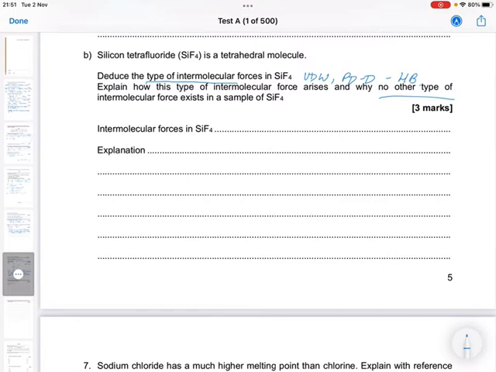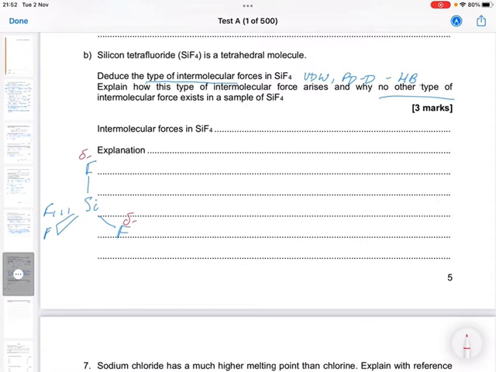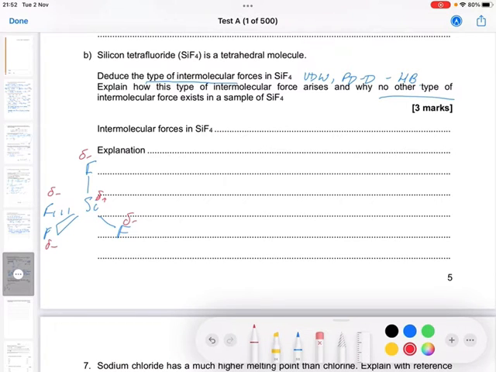So let's have a little look at the shape first. So silicon. Now we know that fluorine is the most electronegative element, so it's going to be delta minus all around here like this, and the silicon in the middle is going to be delta plus. And the thing that we need to look at here is, does it have a delta plus end and a delta minus end?